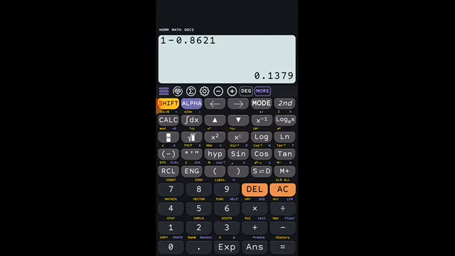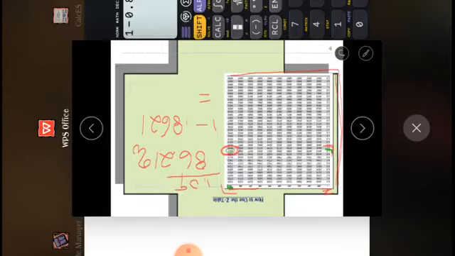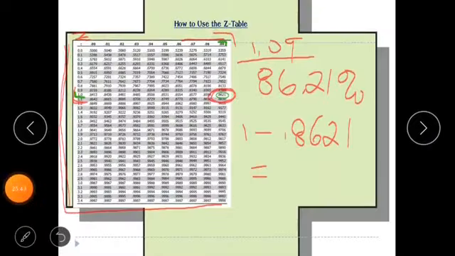So, ito na yung ating area right. So, yung positive, no? 0.1379. So, ayan yung ilalagay natin dito. Ayan yung area right. Okay? So, ito yung left natin kanina, no? 86.21%.